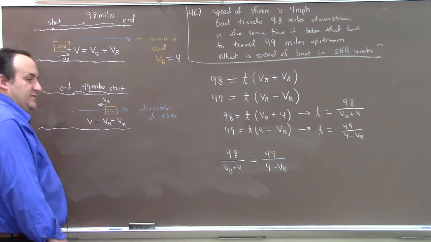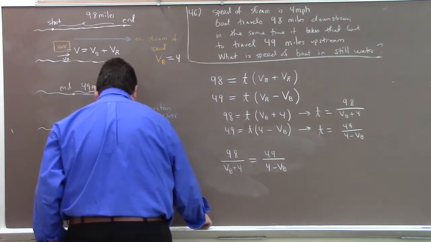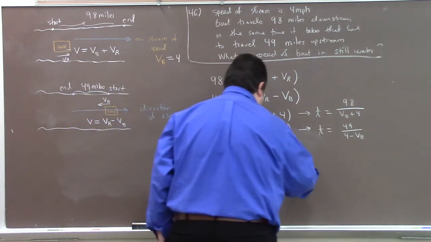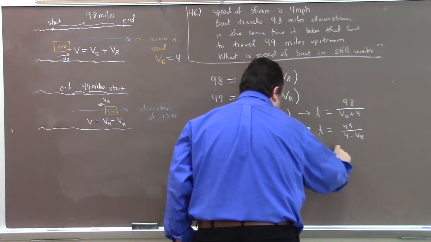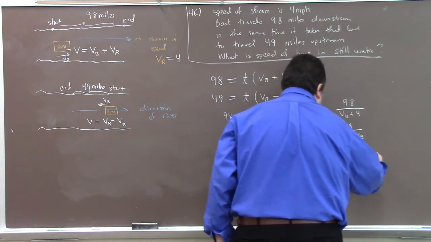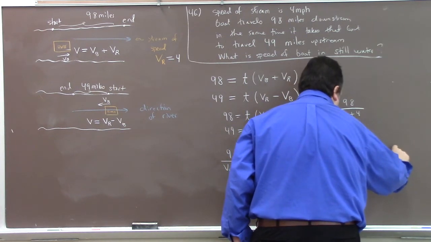I think we want to cross multiply. The way I would solve an equation like this would be to trade it for the following equation: 98 times 4 minus VB equals 49 times VB plus 4.